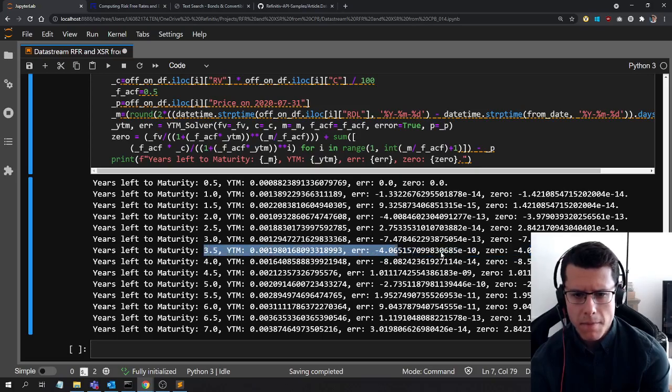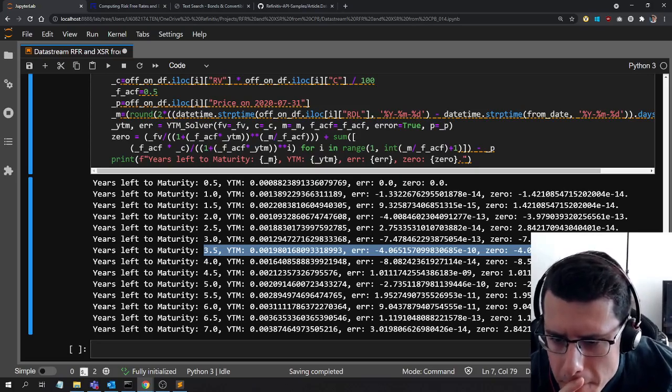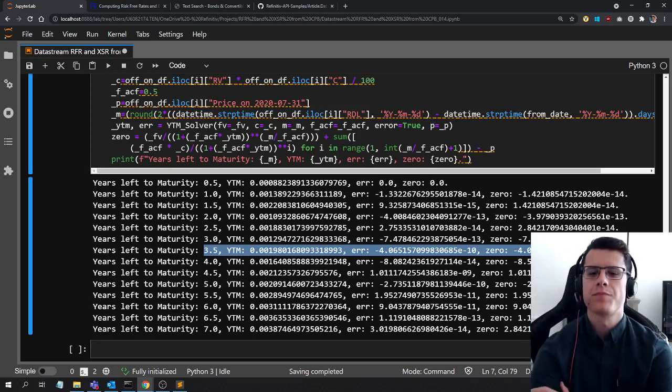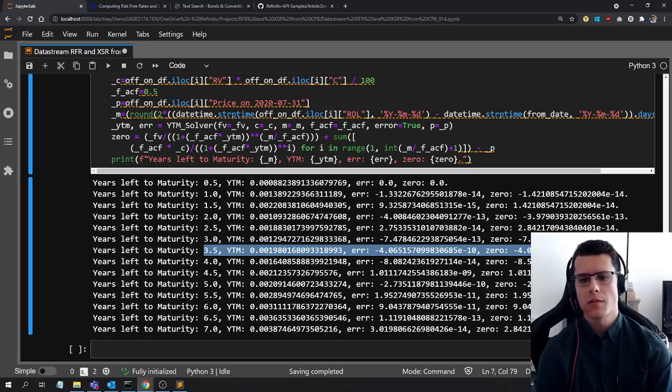This one's the same. No. Yeah. That makes no sense. 3.5. It's not an on the run bond, although I can't think of a way that would change anything.